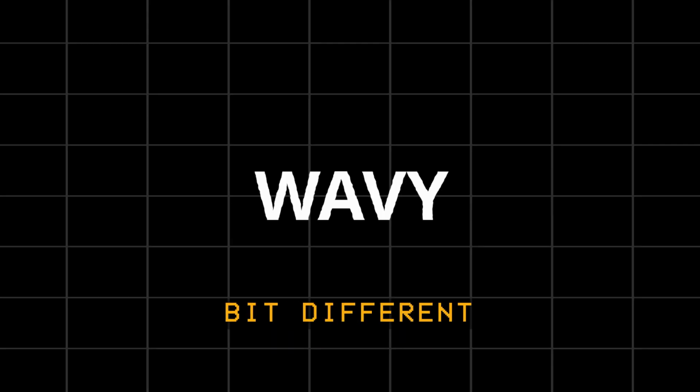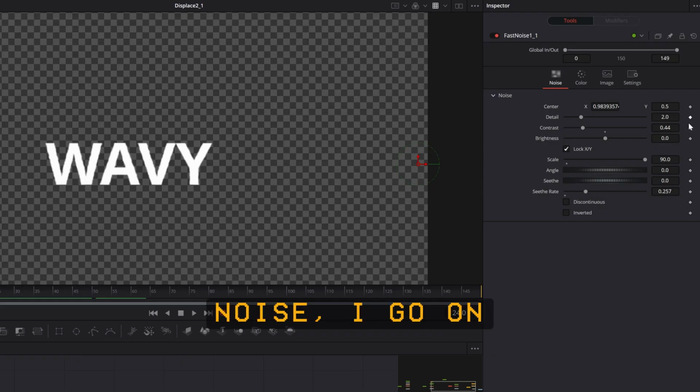Now for the text, it's a bit different because I prefer my wave on the text to be very small compared to the background and the shape. So on fast noise, I go on scale and I put it at 90. Another thing that I change is a third setting, and it's the contrast. So the contrast, I just like to show a bit less of wave.